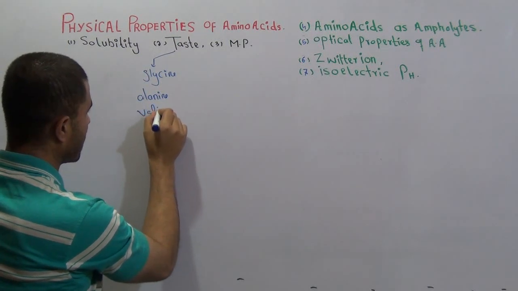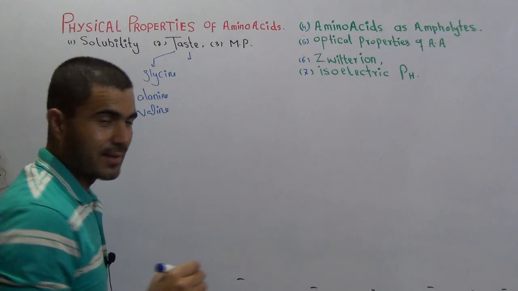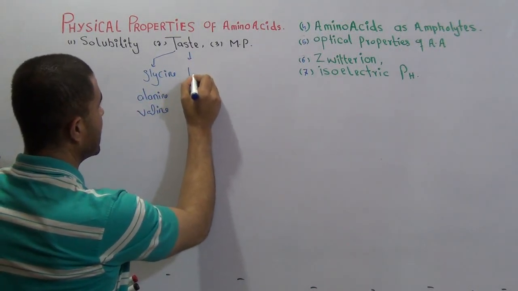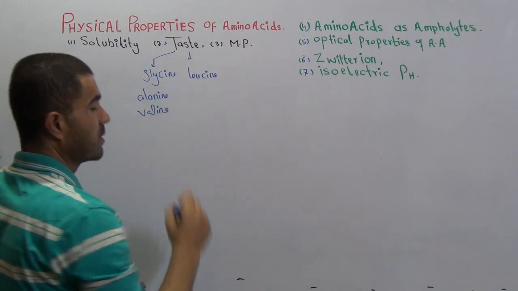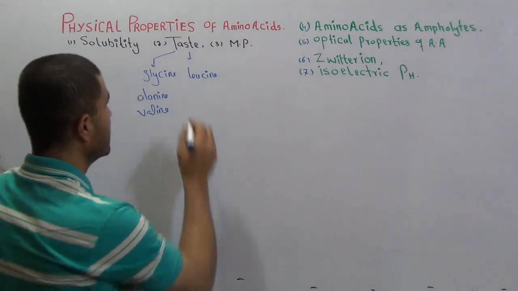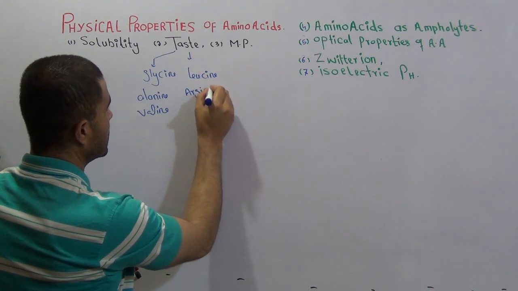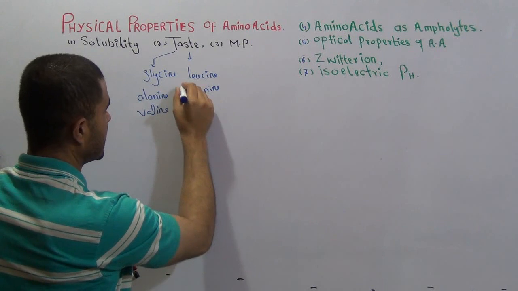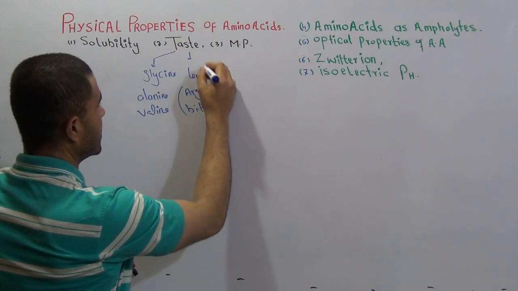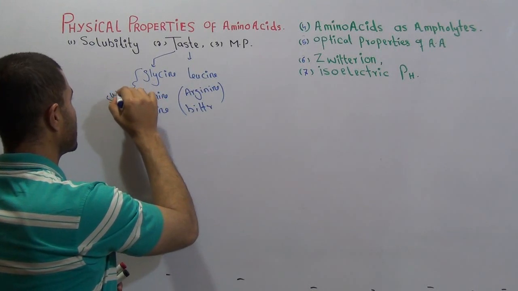The one which is tasteless is leucine, and the one which is bitter in taste is arginine. So arginine is bitter, leucine is tasteless, and these 3 are sweet.